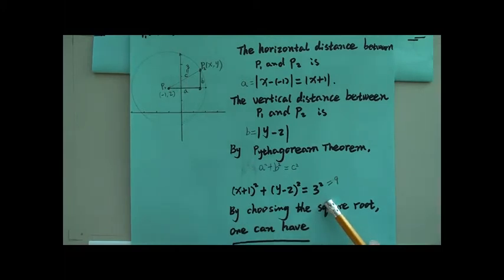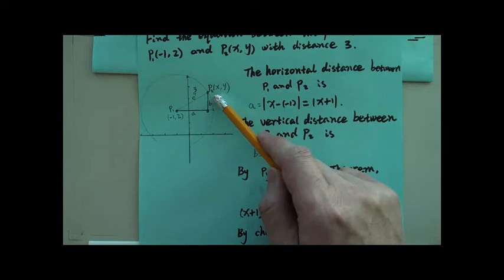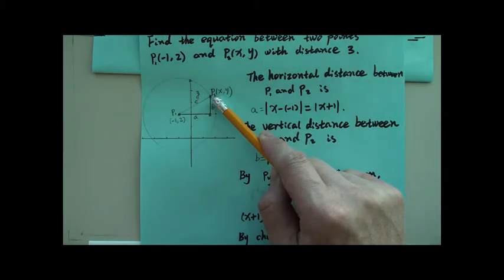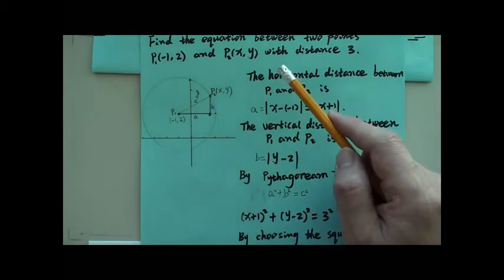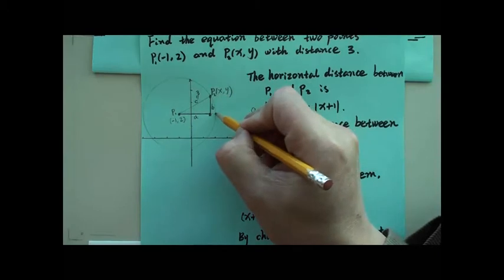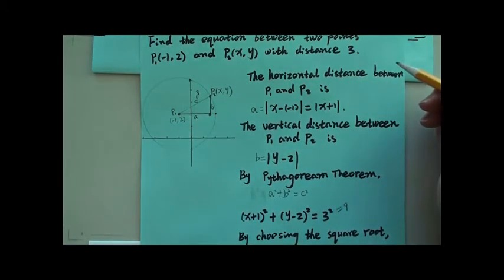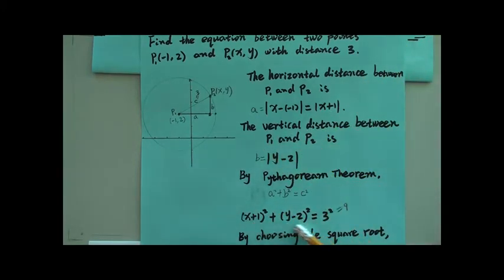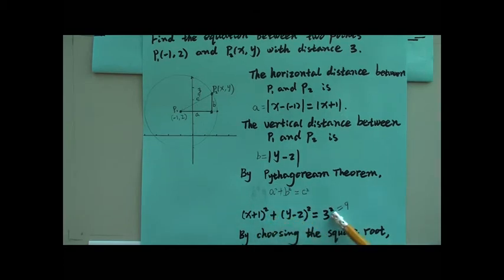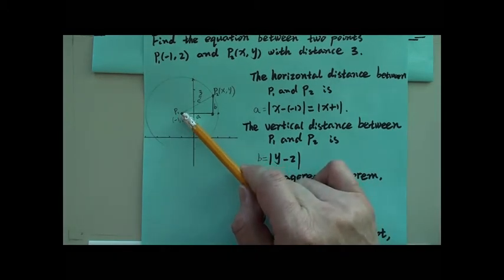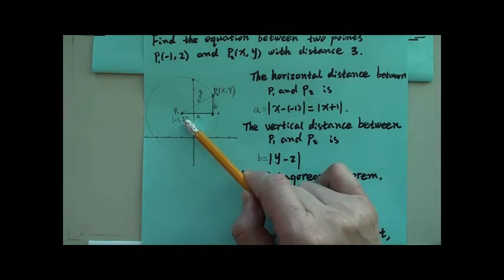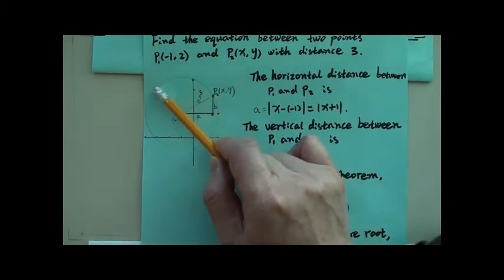And then you can see this P2 can be anywhere on this circle. For example, it can be here. And then you will see this equation actually expresses the circle with center P1, -1, 2, and the ending points right here.